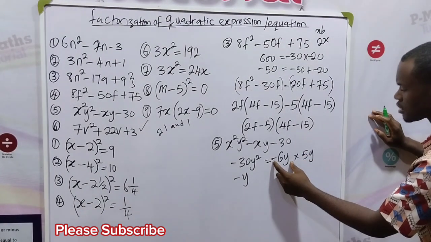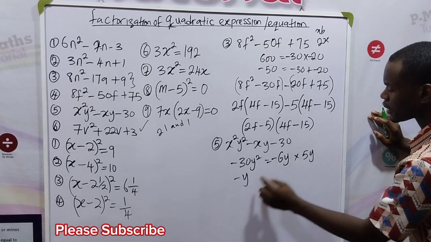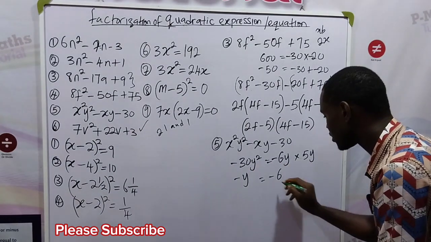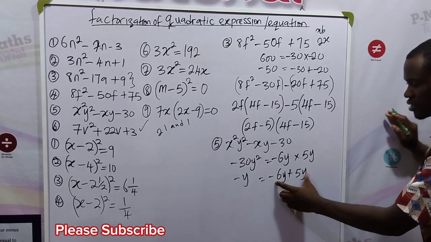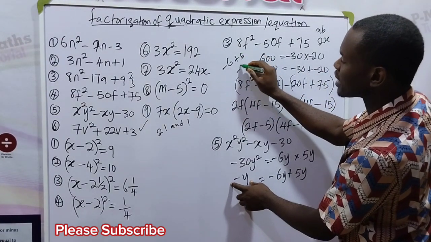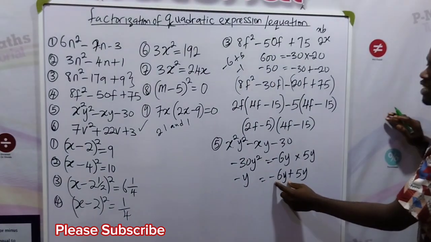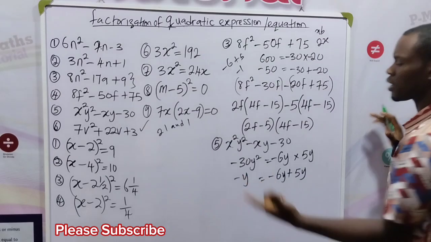Minus 6 times positive 5 will give you negative 30. Then let's add them. Minus 6y plus 5y, what would that give us? It will give us negative y, because minus 6 plus 5 will give us negative 1. So when it now involves a variable, minus 6y plus 5y will give you negative y.